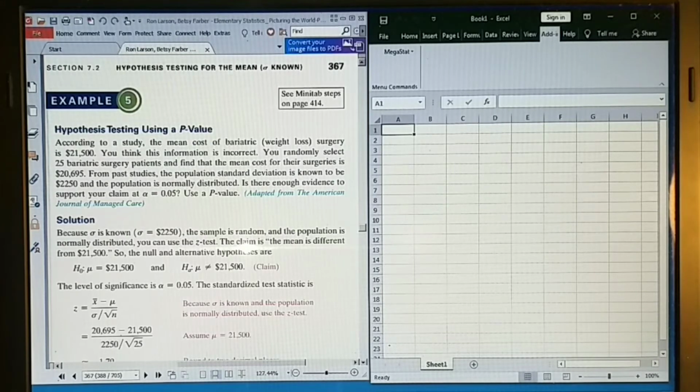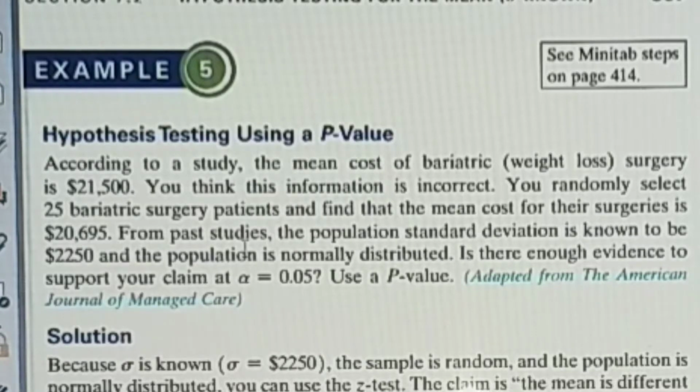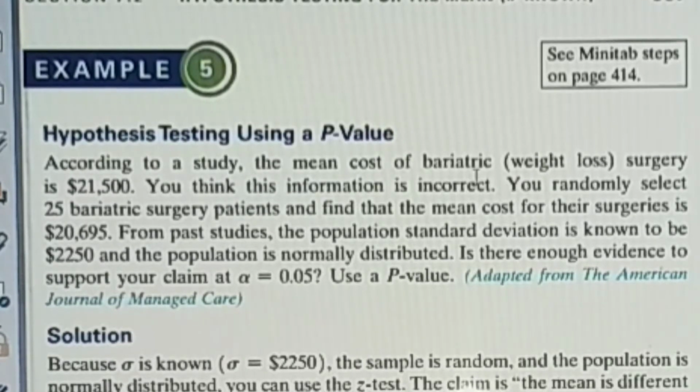We will answer the given example using the software MegaStat. Let us first analyze the problem. The claim was that the mean cost of bariatric weight loss surgery is $21,500.